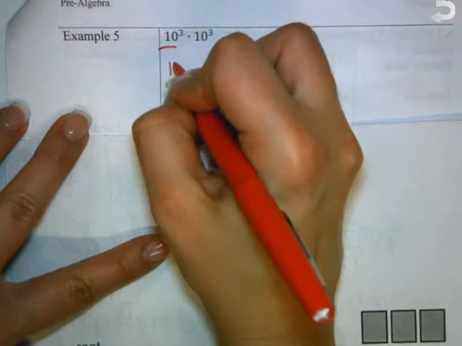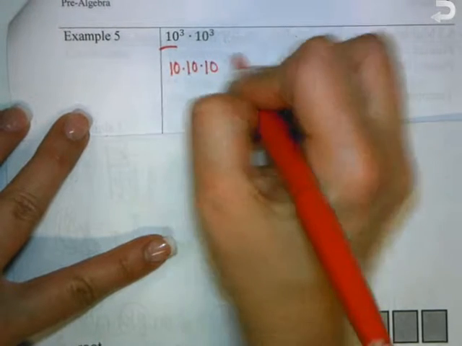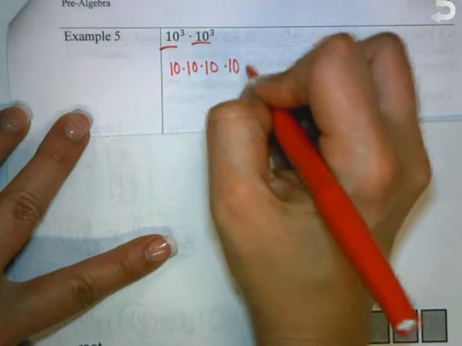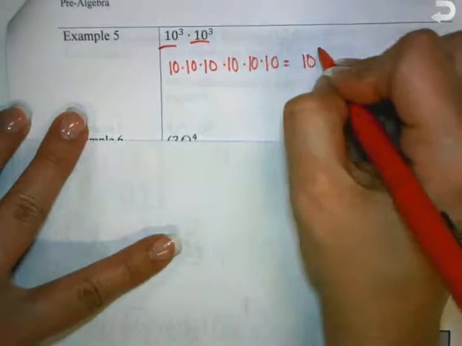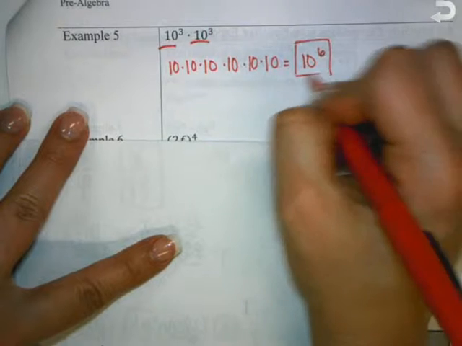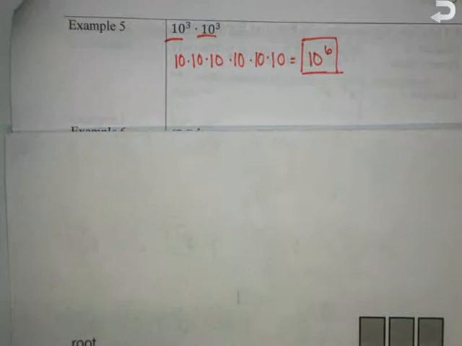Example 5. 10 to the third times 10 to the third. Try it on your own. So this is 10 times 10 times 10 times 10 times 10 times 10. That gives me 10 to the 6. Not 600. 6 million? This is how many times I'm multiplying 10 by itself.